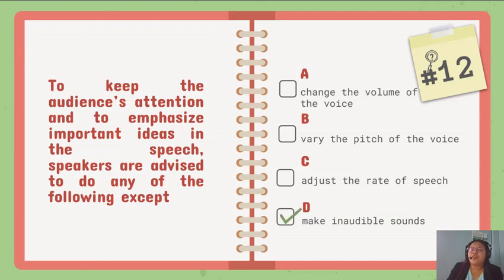The correct answer is D. Making inaudible sounds will make the audience even more distracted and uninterested in the speech, while options A, B, and C are effective, time-tested ways of sustaining the attention of the audience during speech delivery.